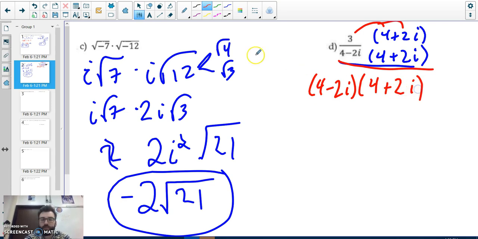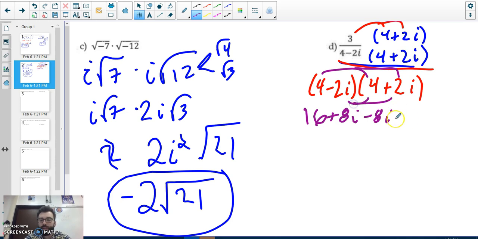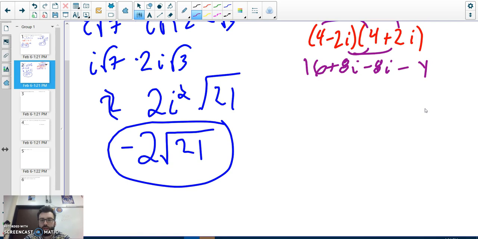And this can trip some people up sometimes. That's 16. That's plus 8i. That's minus 8i. And that's minus 4i squared.